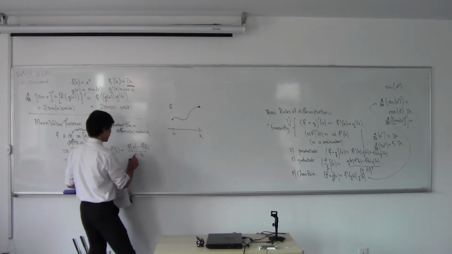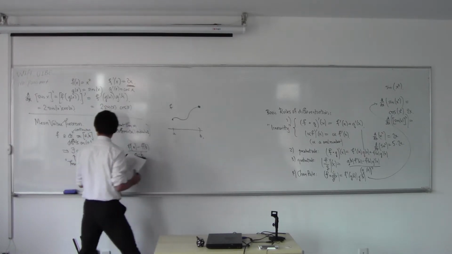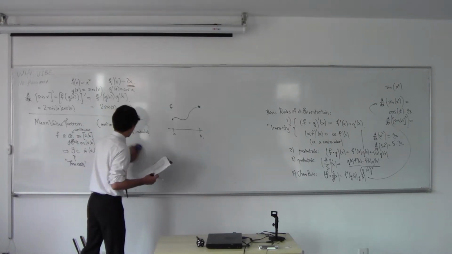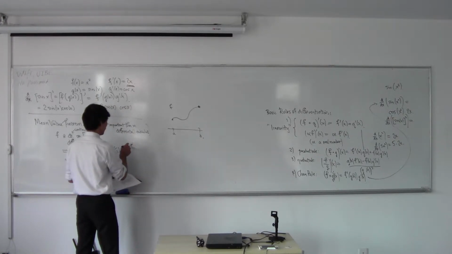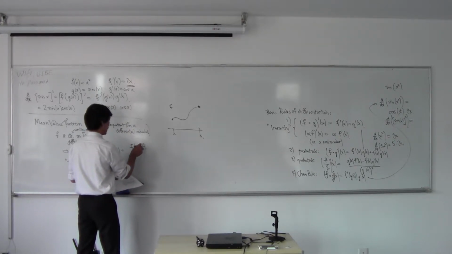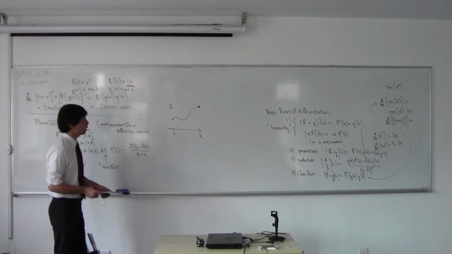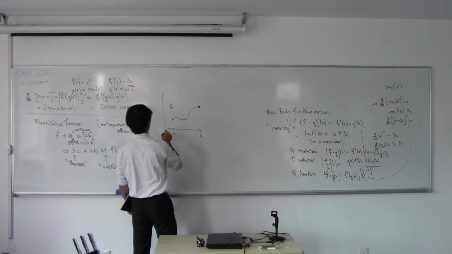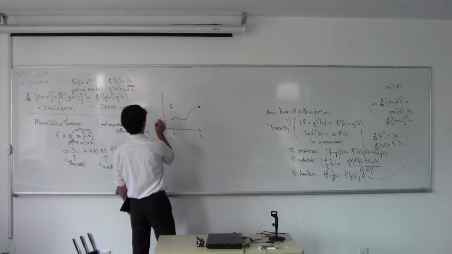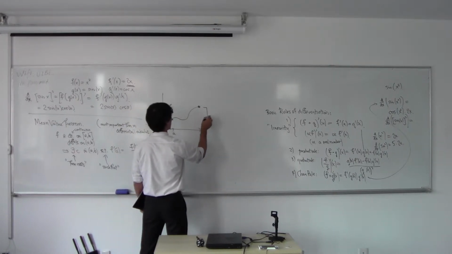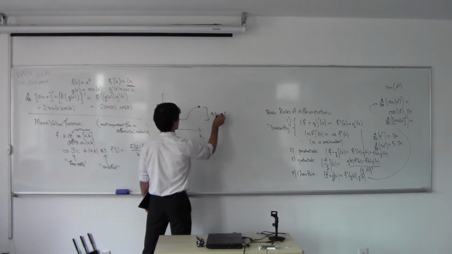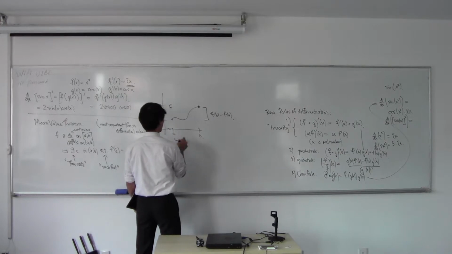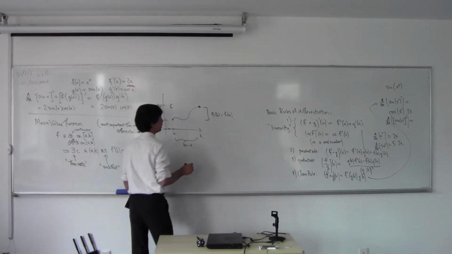People usually write it the other way, but it's the same thing: f of b minus f of a over b minus a. This is f of a, this is f of b. This distance is f of b minus f of a, this distance is b minus a.